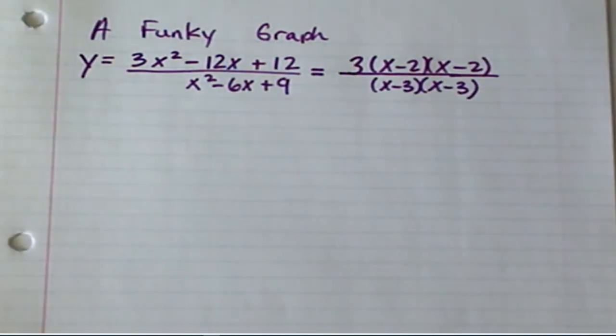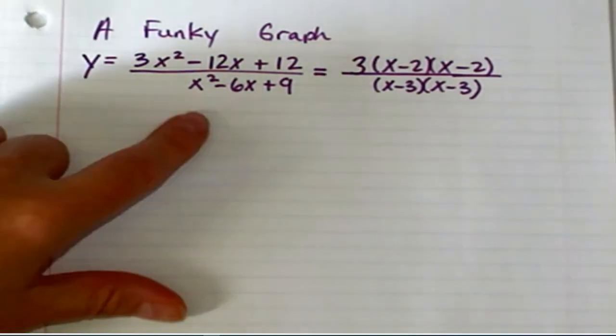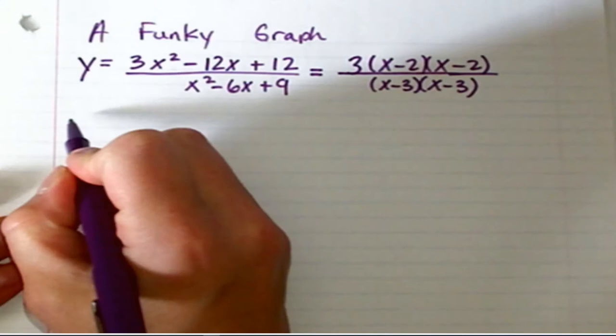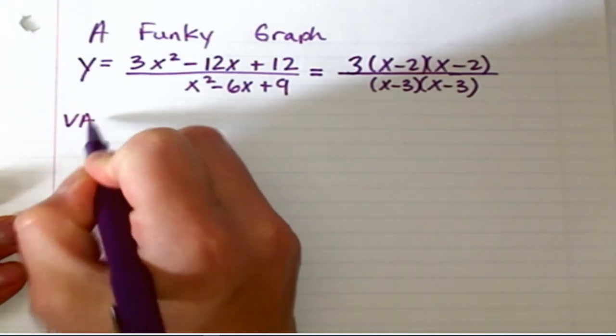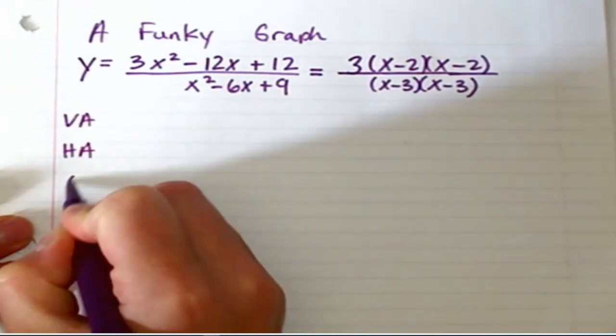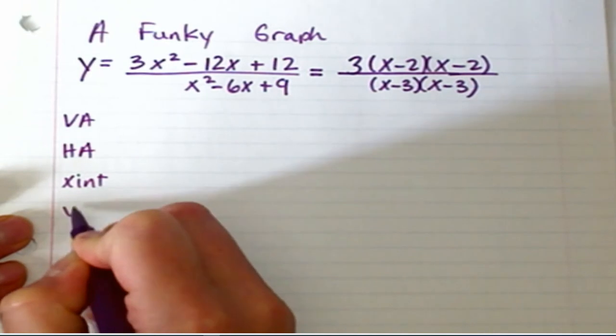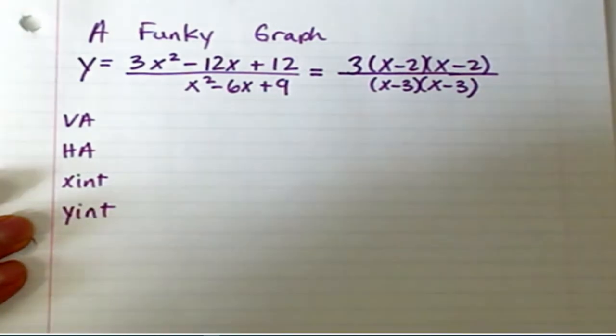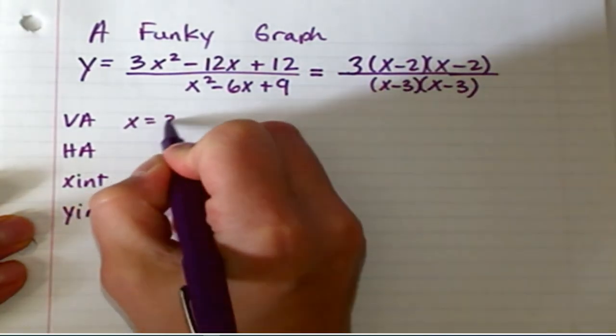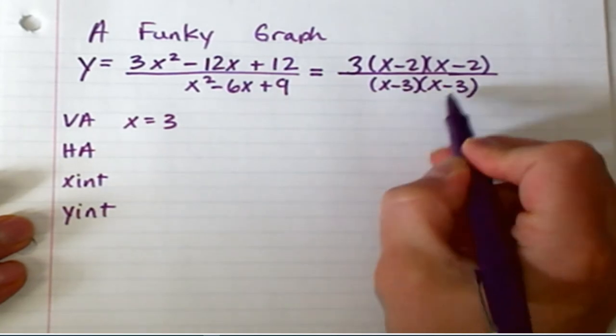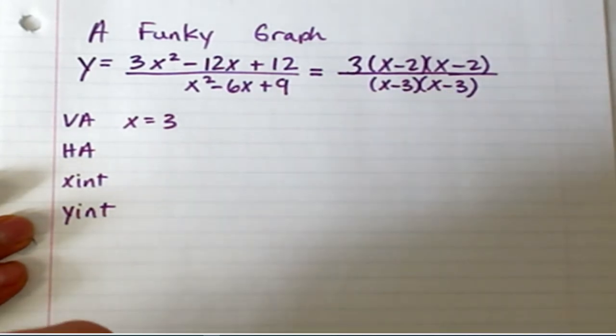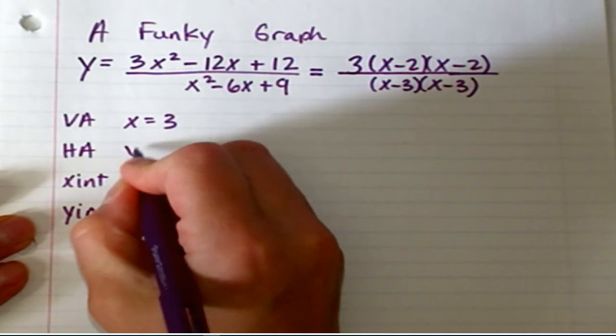I'm not going to do the division because this is balanced, and I'm just going to leave it like that. And I'm just going to start listing out my characteristics. x equals 3. Even though the factor occurs twice, it's still just one vertical asymptote.